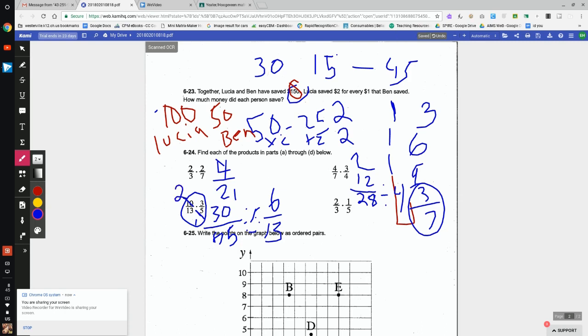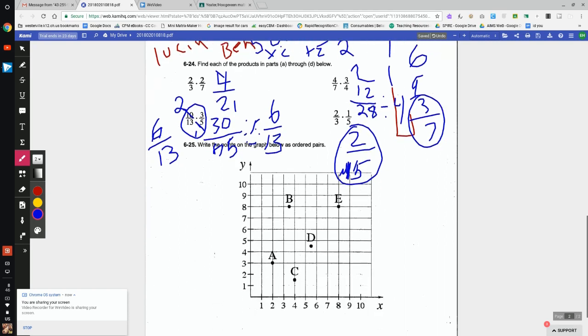So then we could simply cross out those to get 6 right away over 13. So just another way to kind of simplify it without reducing. Again, the easier way is the better way, I believe. Here we have 2 times 1 is 2, and 3 times 5 is 15. And that is our answer right there.